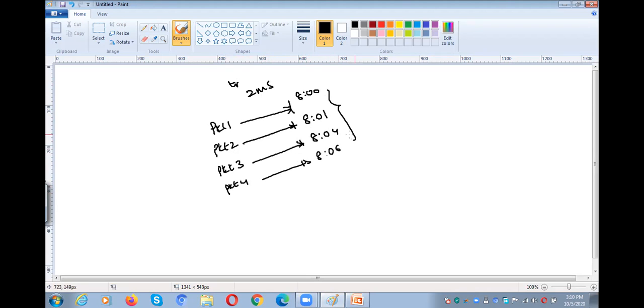So there is a difference in time, right? Even though all the packets take 2 milliseconds, each and every packet takes a different time. So the difference in arrival time is called jitter.